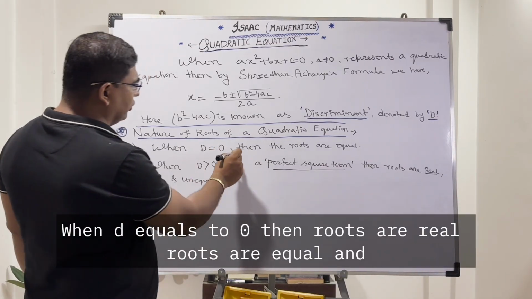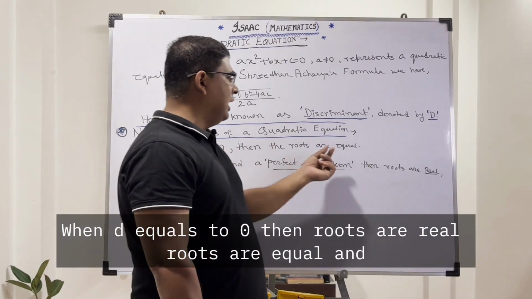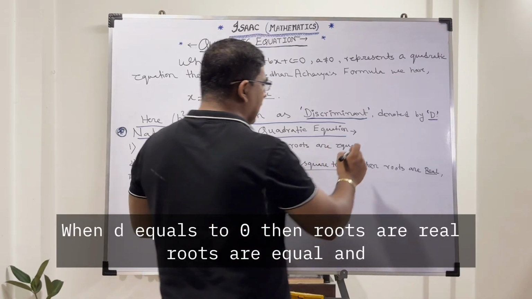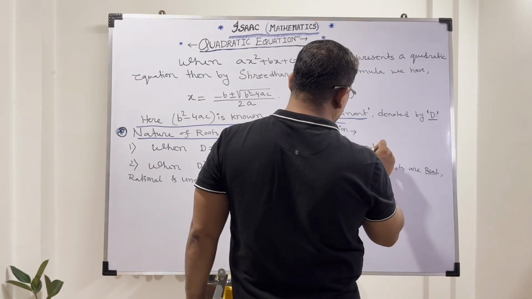When D equals 0, then roots are real, roots are equal and real.